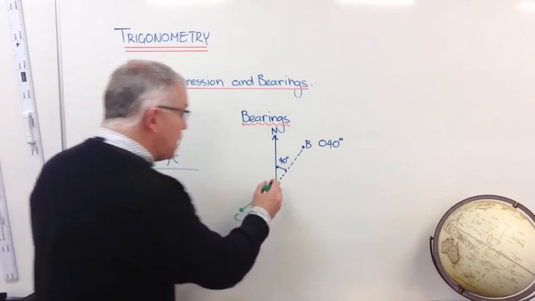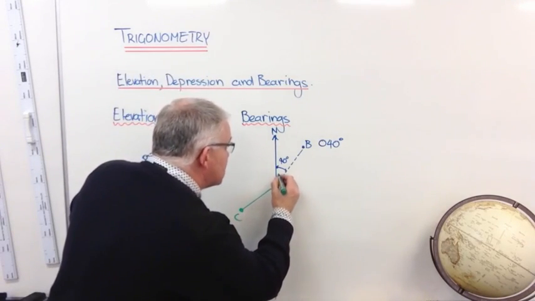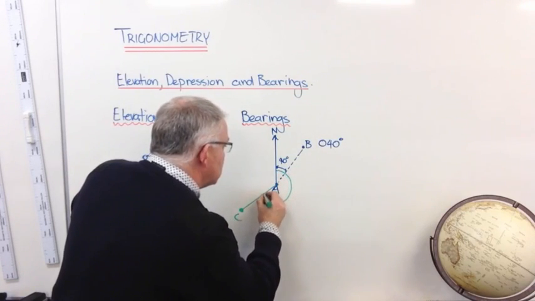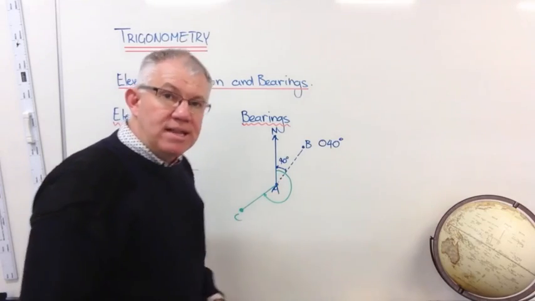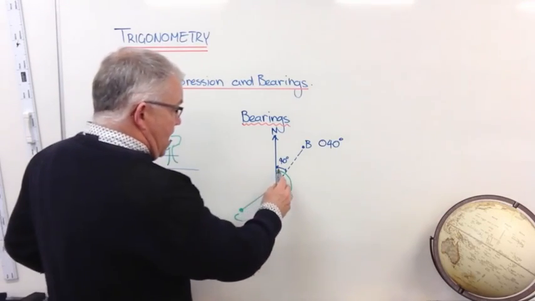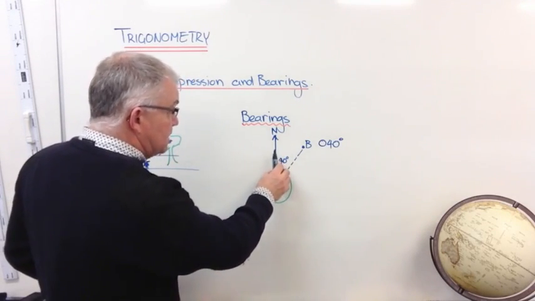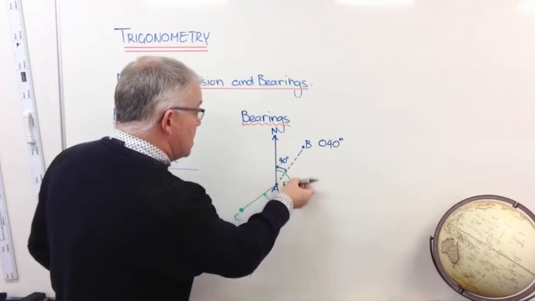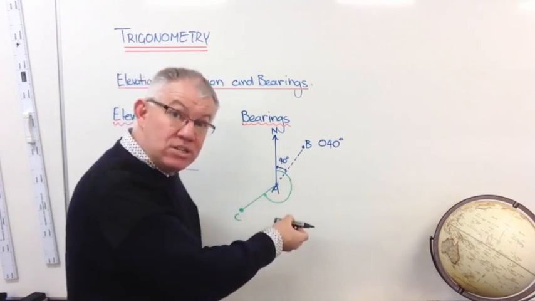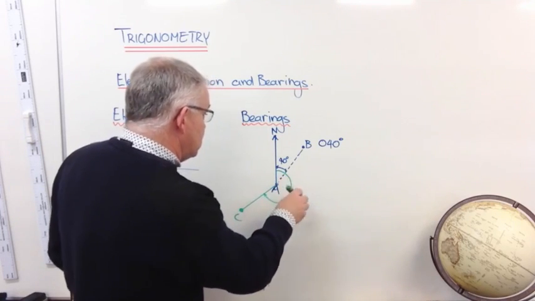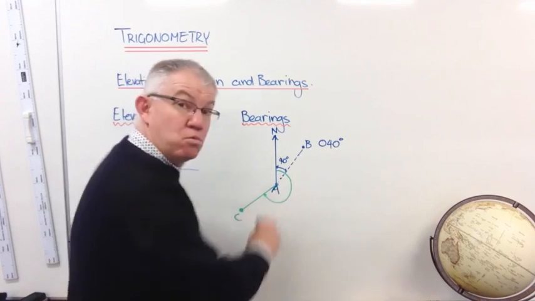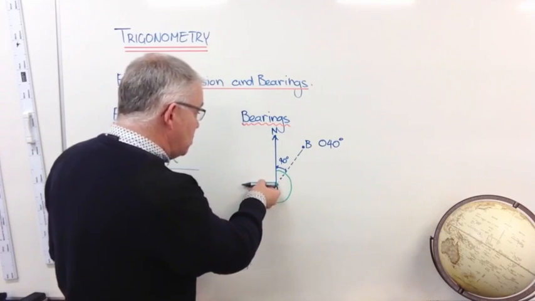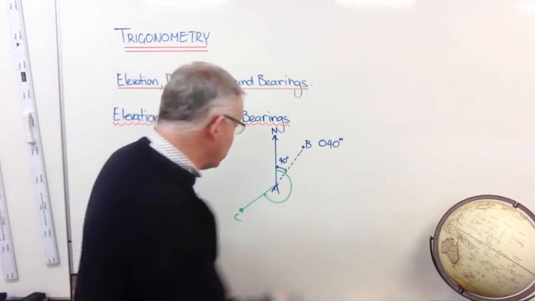Again, from is where we're standing, and we need to now measure this angle here that goes all the way around to C, to that line there. Now, if you think about it, north is 0 degrees. East would be 90 degrees. South would be 180 degrees. West would be 270 degrees.